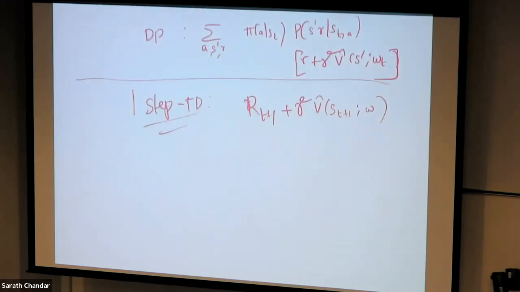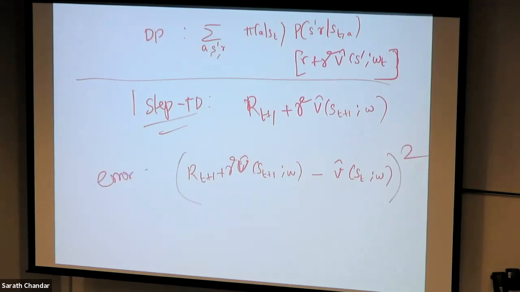Now when I compute the error, my error for the function approximator is going to be R_{t+1} plus gamma times V(S_{t+1}, w), this is my target, minus V(S_t, w), the whole square, right? So this is my error for the function approximator, right?